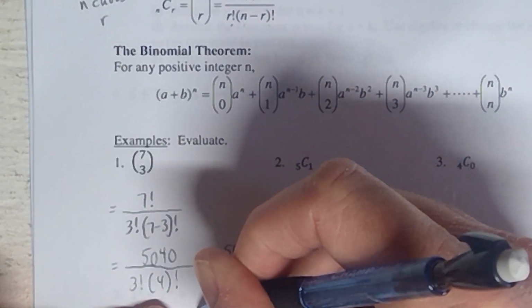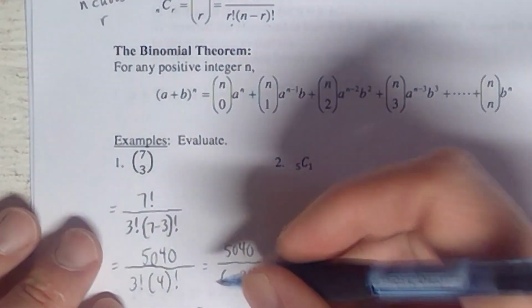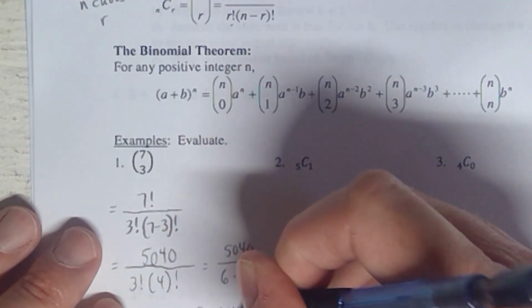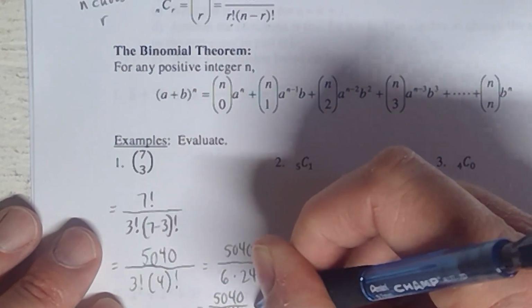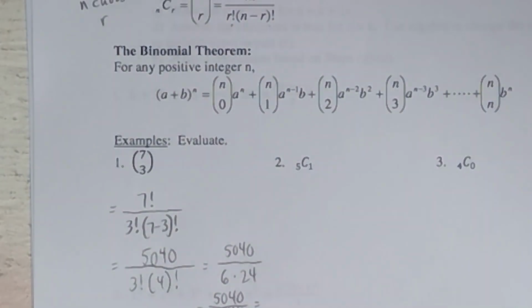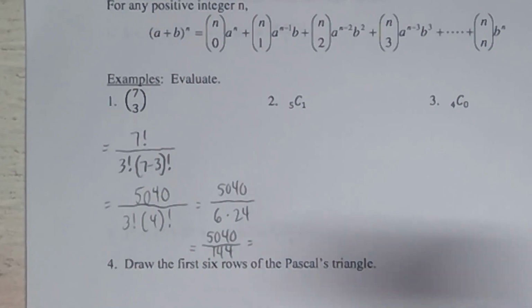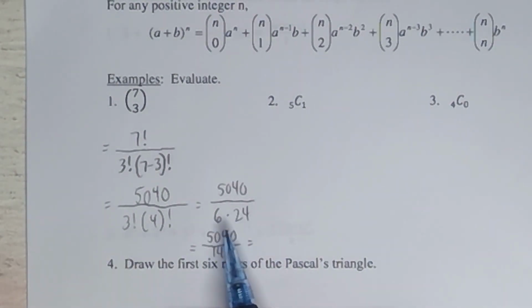Okay. So that ends up being what here? 6 times 24 is 144. So 5,040 divided by 144. When we get 6 times 24, we get that denominator.